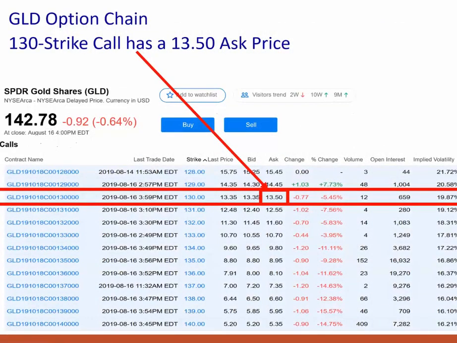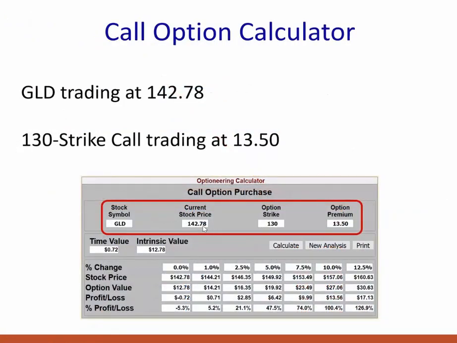So let's look at our GLD example again. GLD trading at 142.78. The 130 strike call has an ask price of $13.50. So if we enter the current ETF price 142.78, the strike price of 130, the option premium of $13.50 into the calculator, it will calculate the profit loss potential.